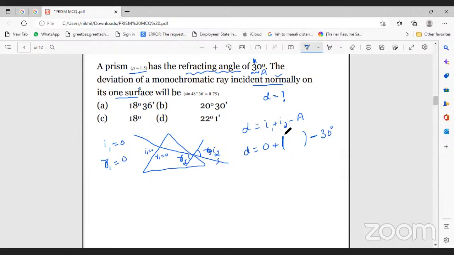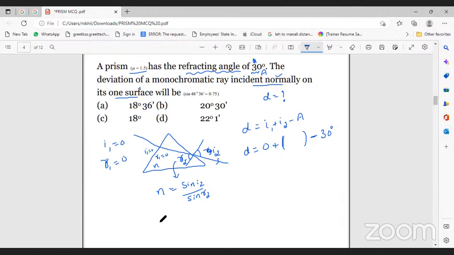But how to find I2? Write Snell's law for this case. The refractive index of this prism is n, so n equals sine I2 by sine R2.